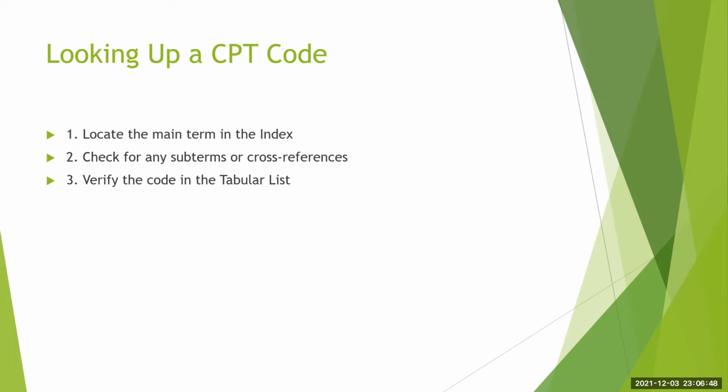Once the code has been located, it is imperative to verify the codes in the tabular list. The tabular list of the CPT codebook is the listing of category 1, 2, and 3 codes, which are organized into a special format, which is laid out in sections, subsections, subheadings, categories, and codes.